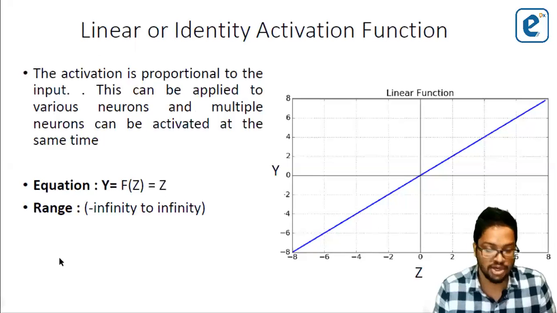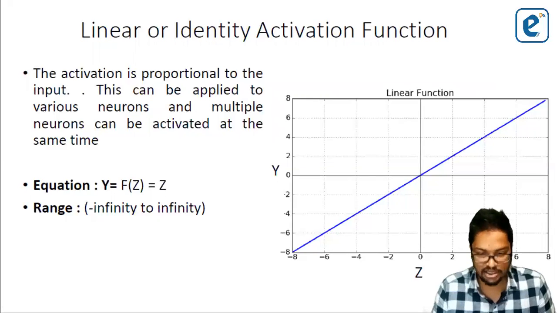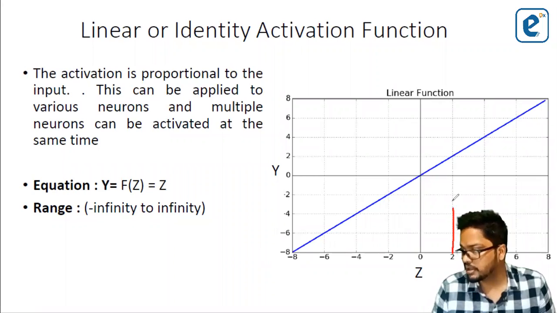Y equals Z means the Y value can range from minus infinity to plus infinity. Let's say the Z value is plus 2, then the Y value will also be plus 2.